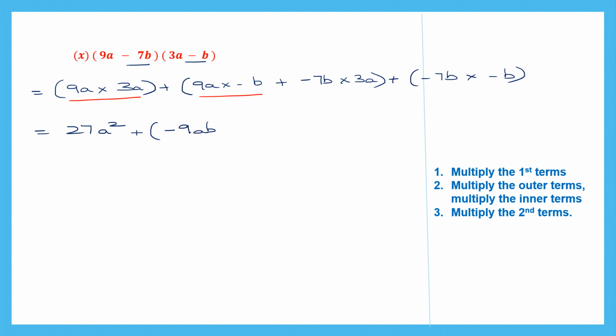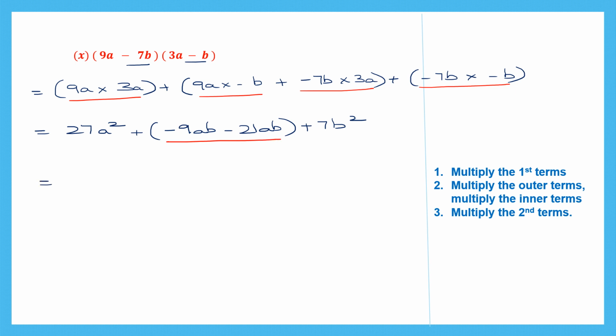Let's look at the next one here. Minus 7b into 3a. Sign is minus. 7 3s are 21. B into a is ba or ab. Then here the last one is minus 7b into minus b. Minus into minus is plus. The number 7. B into b is b square. Now let's work on the like terms inside the brackets here.